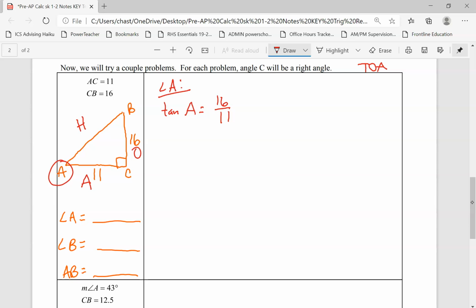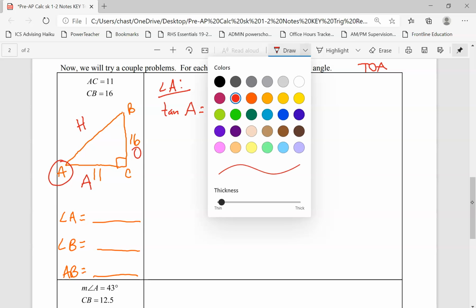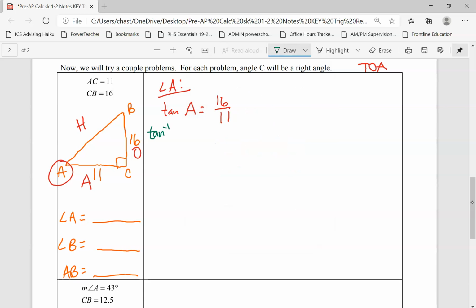Now, in this particular case, I don't know what that angle is. So I have to do inverse tangent on both sides. So this is what that looks like. Tangent inverse cancels with tangent, so we just get A.